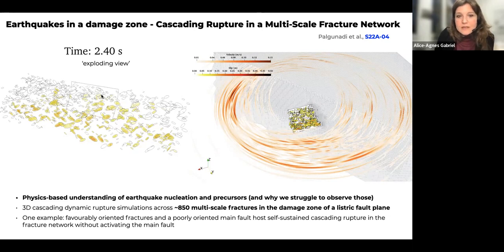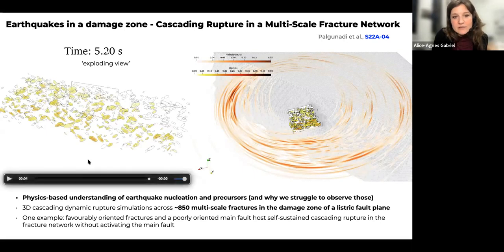What we're doing here is assuming that fracture energy is correlated with fracture size or slip, depending how you want to look at it. And this is the animation of the slip evolving through the fracture network without activating the main fault.